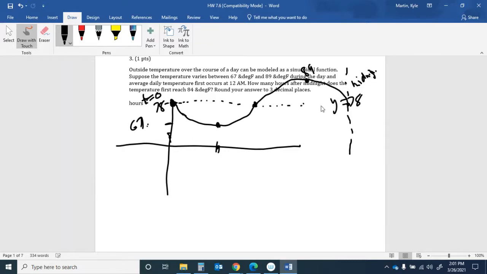At midnight. So this took 24 hours. That's a 24-hour period. That's a day. So that means, according to this, the way this one behaves, and they're the ones that tell us it's sinusoidal, we know it's smooth and continuous, and it's periodic.